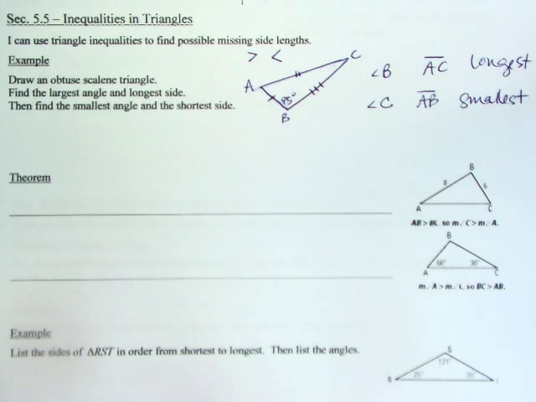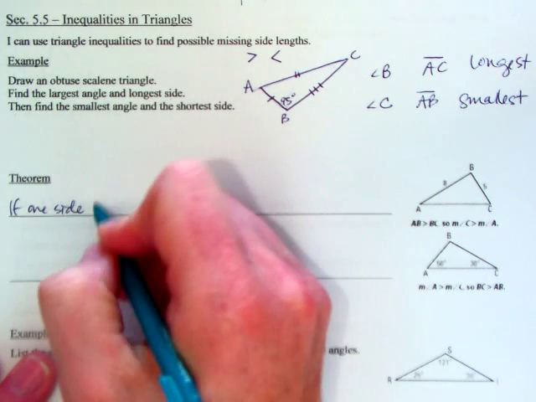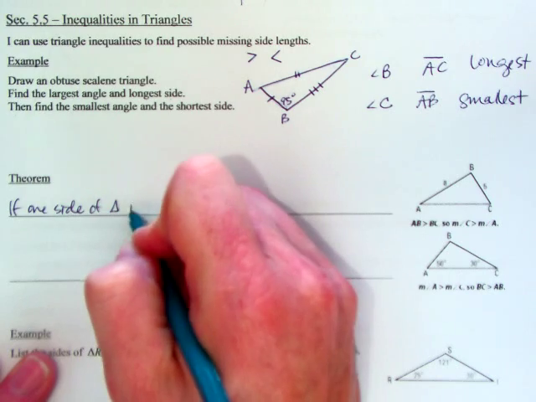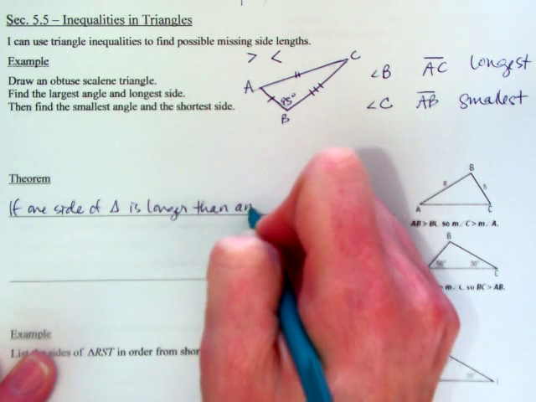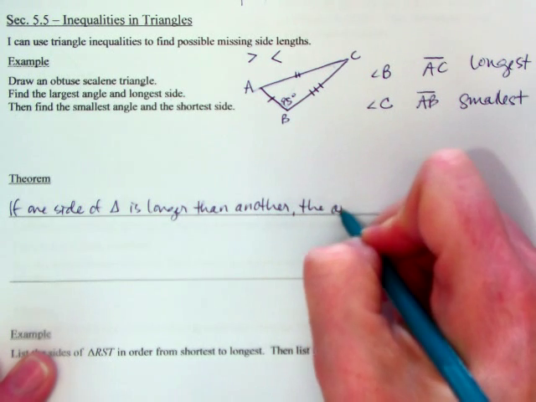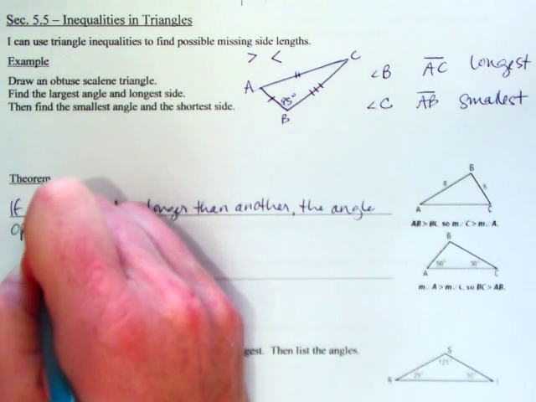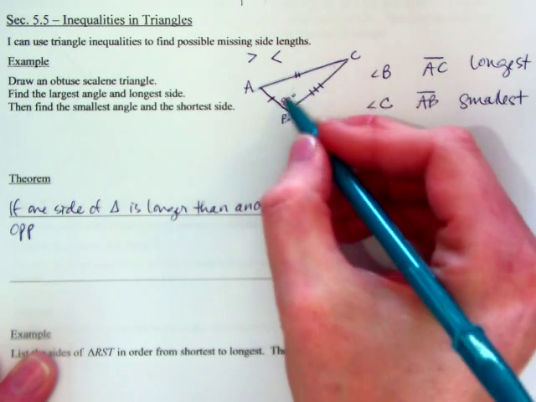So the first theorem we're going to say is if one side of a triangle is longer than another, then the angle opposite, which is what we're talking about. Okay, so if one side is longer, then the angle is going to be bigger.